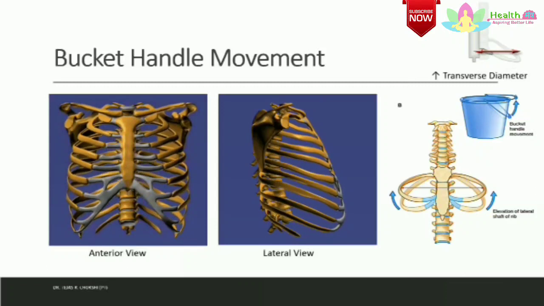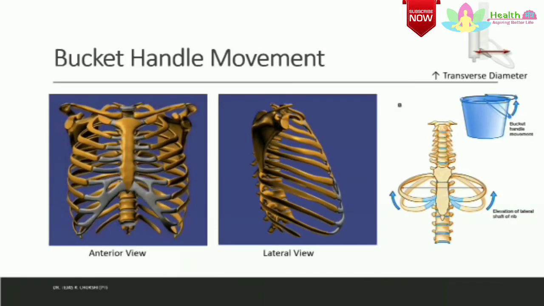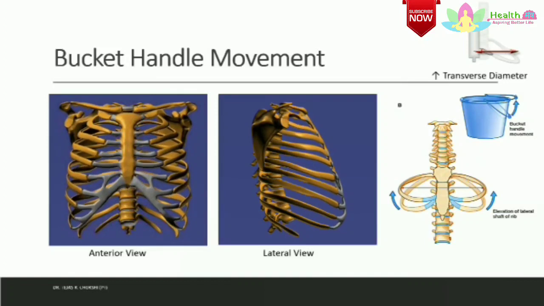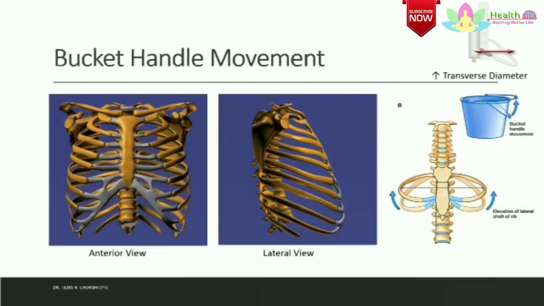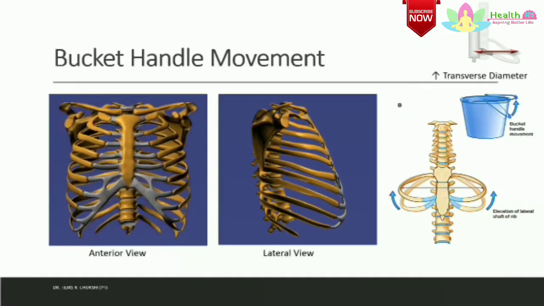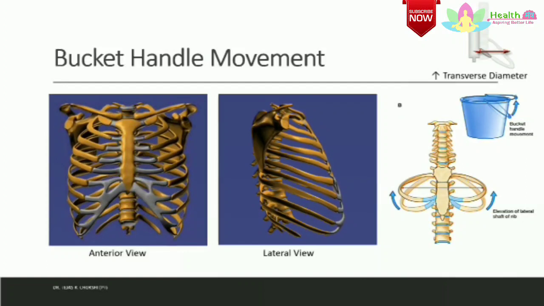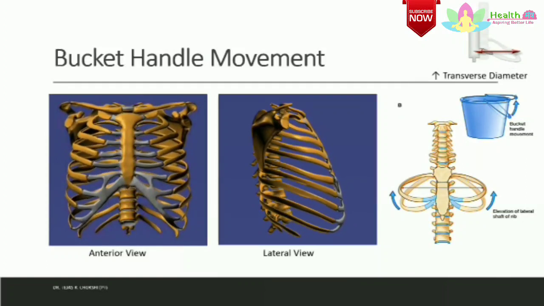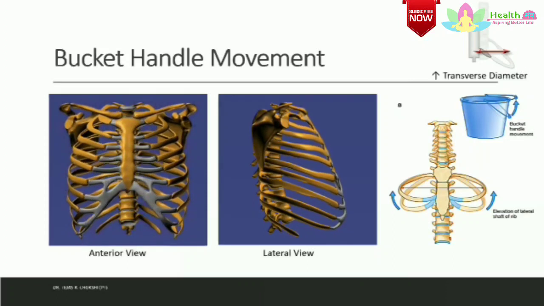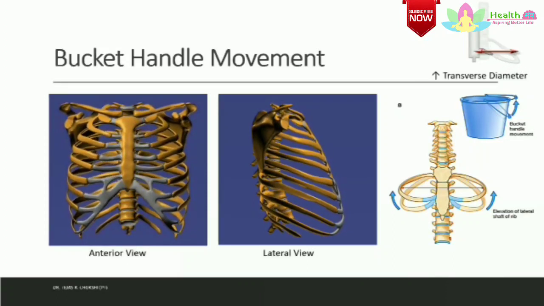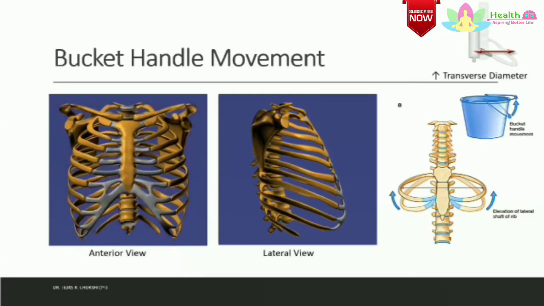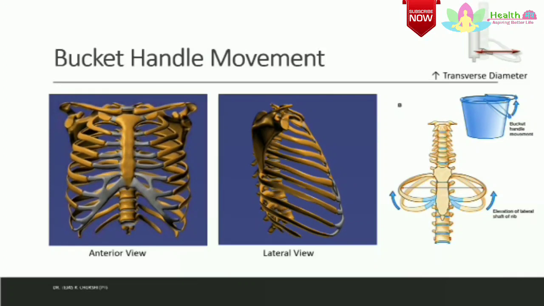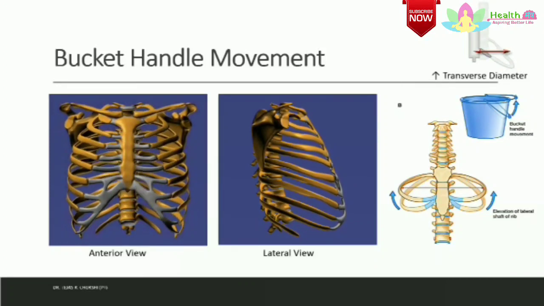Bucket handle movement. The elevation of the lower ribs occurs about an axis of motion near the sagittal plane. The lower ribs have a more obliquely sloped angle from rib 1 to 10, and they have an indirect attachment anteriorly to the sternum. These two factors allow the lower ribs to move towards the lateral aspect of the thorax. The elevation of the lower ribs has its greatest effect by increasing the transverse diameter of the lower thorax, as you can see in the anterior view as well as in the right side corner.